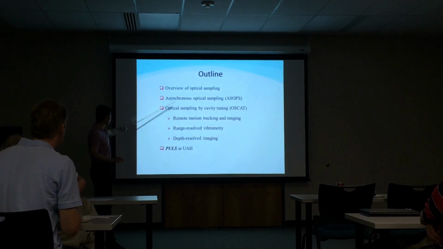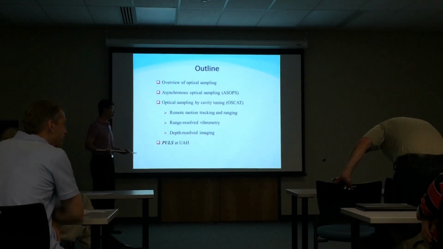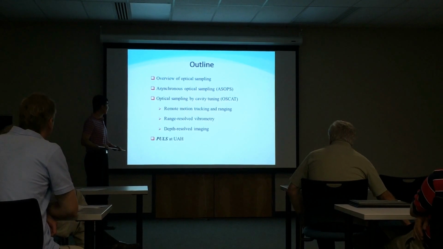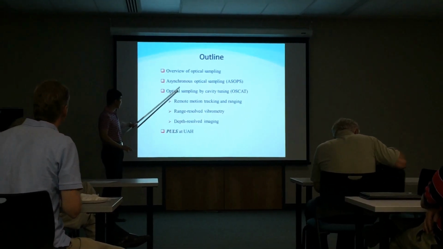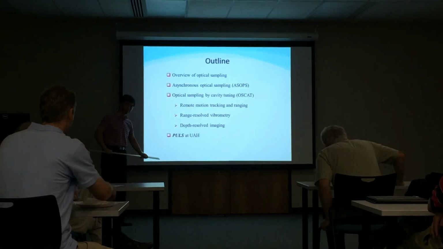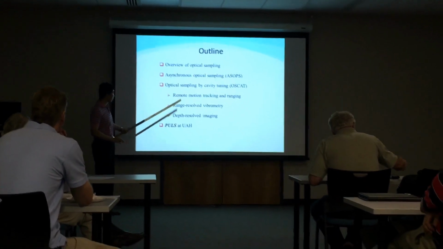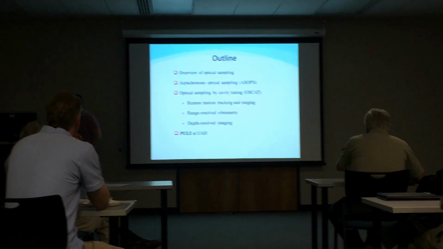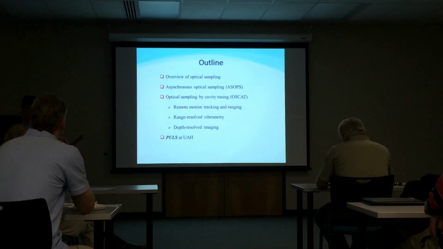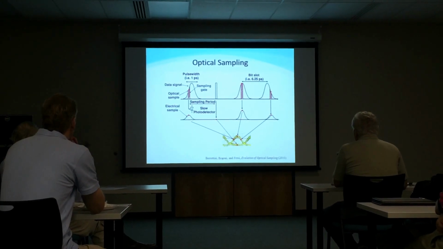I'm going to start with that, and then talk about the technique that we actually spent some time studying, optical sampling by cavity tuning. Specifically, I'll mention three potential applications, and in the end, if time permits, I'll briefly tell you a little bit about our group and what we can do here.